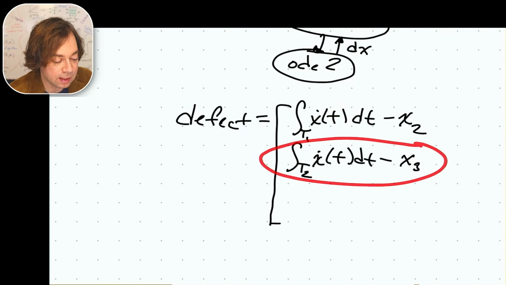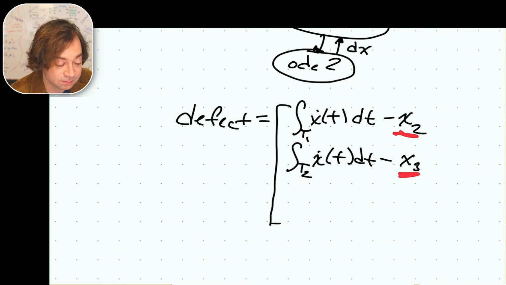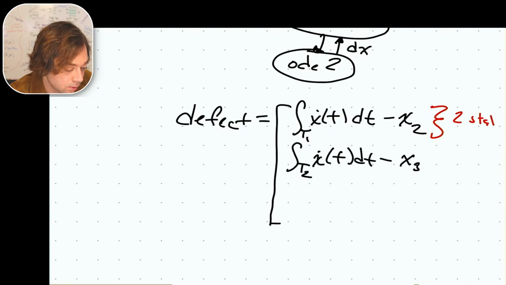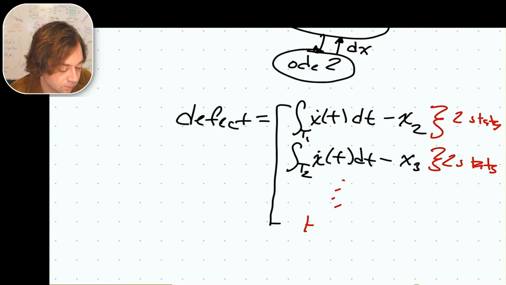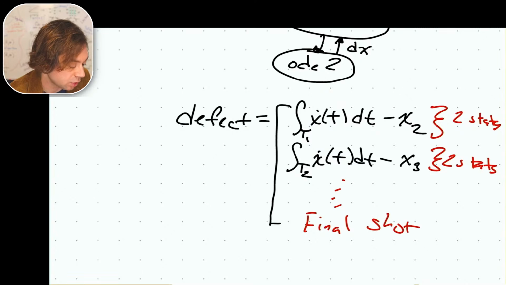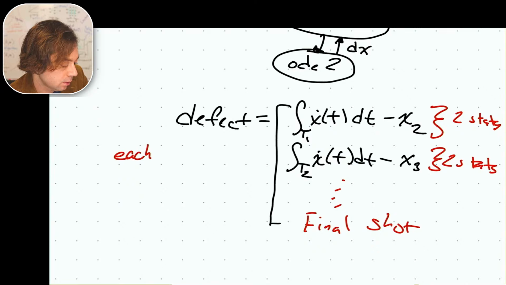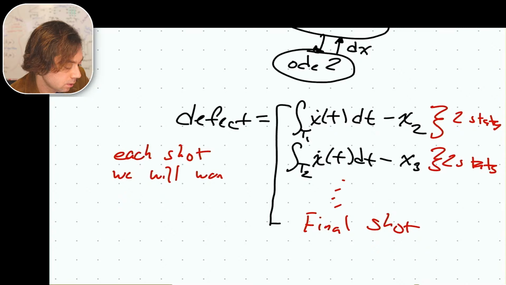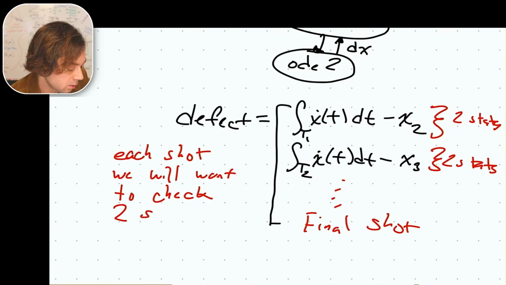So for your, and keep in mind you have 2 states in x, right? Okay, so that means that you would have 2 states, all the way to your final shot, right? So on each shot, we will want to check two states.